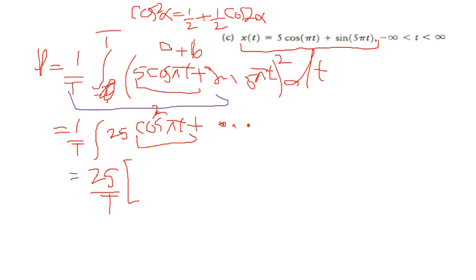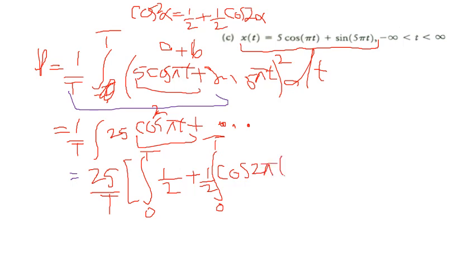So for pi t it will be the integration from 0 to T of 1 by 2 plus 1 by 2 into cos of 2 pi t, dt.